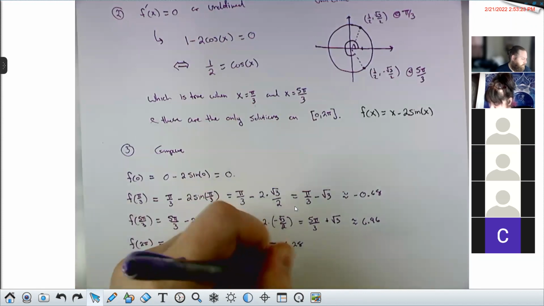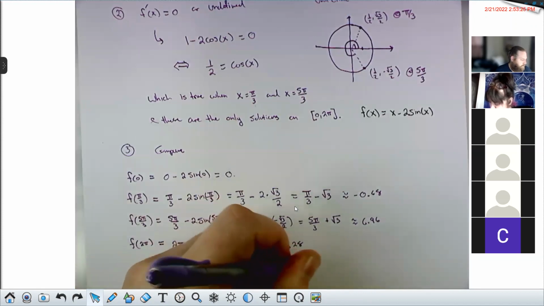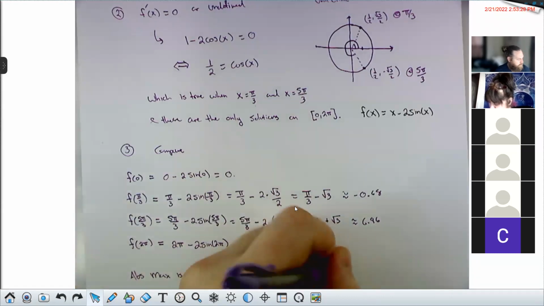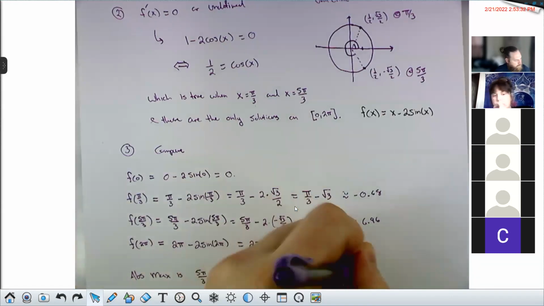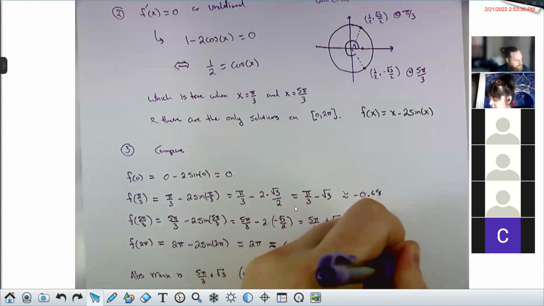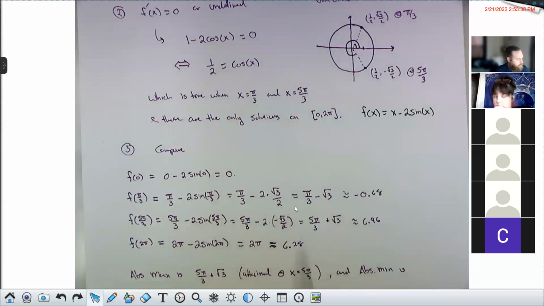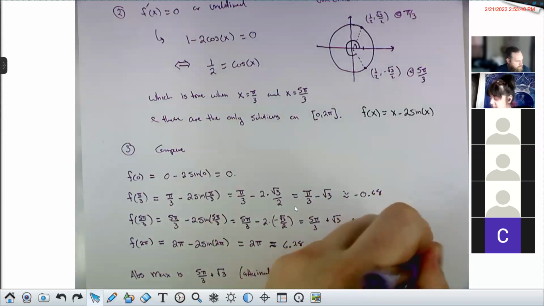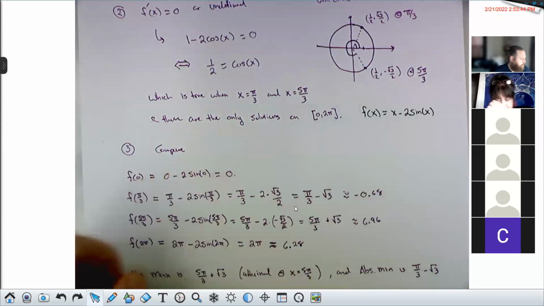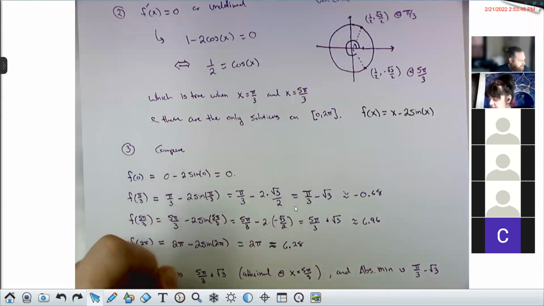And that's attained at x equals 5 pi over 3. And the absolute min is pi over 3 minus root 3, which is attained at x equals pi over 3.